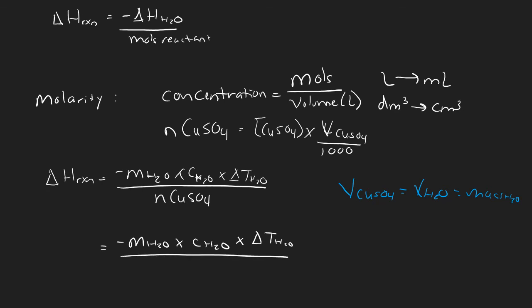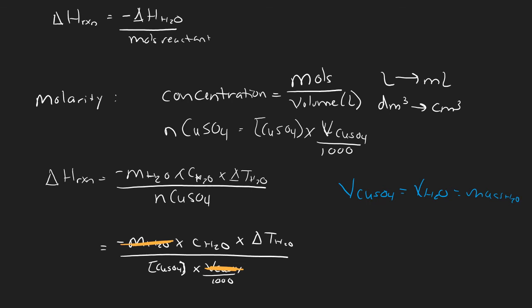Because we do not know moles of copper sulfate, because we do not know the volume of copper sulfate, we can say that the concentration of copper sulfate times the volume of copper sulfate, remember that divides by 1,000. Well, the mass of water and the volume of water equal the volume of copper sulfate. Therefore, the mass of water goes away, and the volume of copper sulfate goes away.